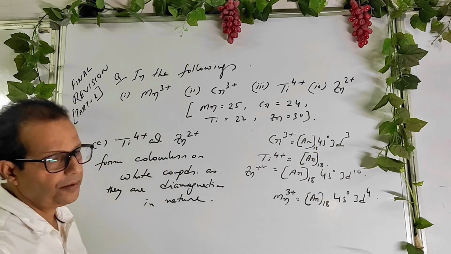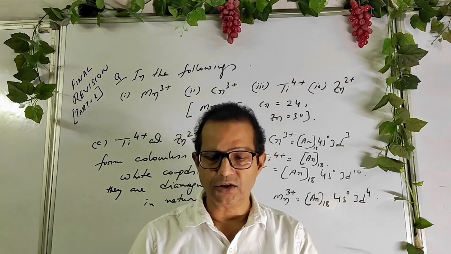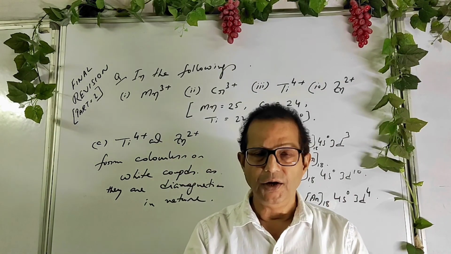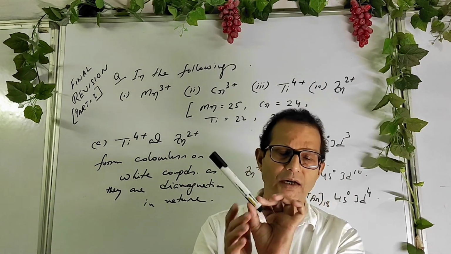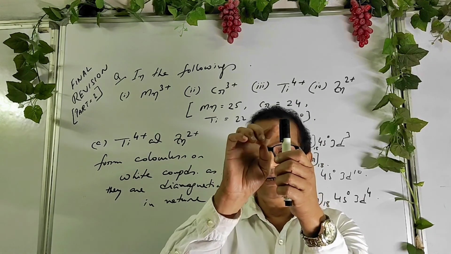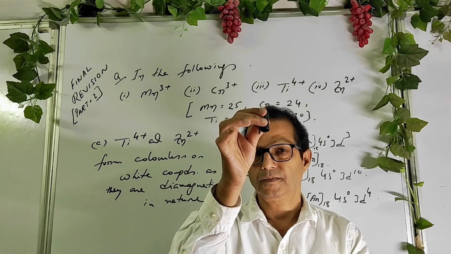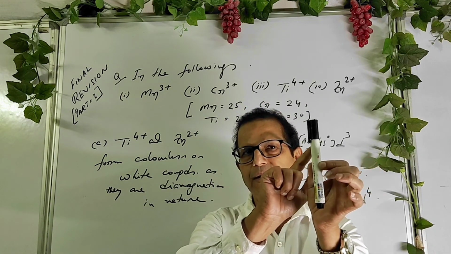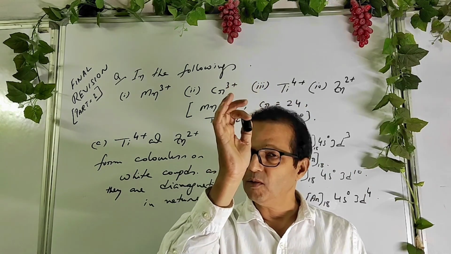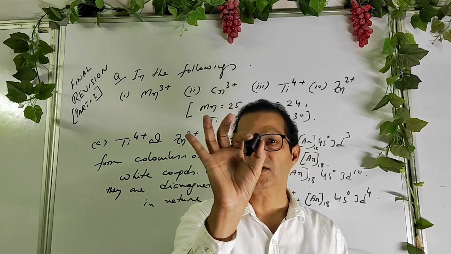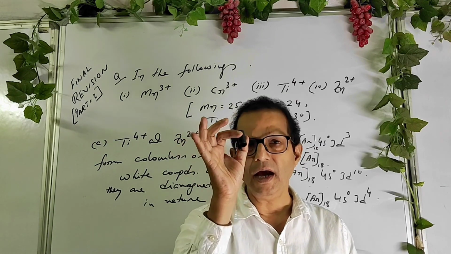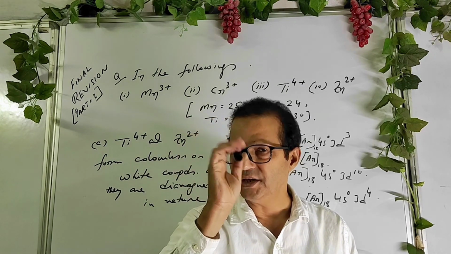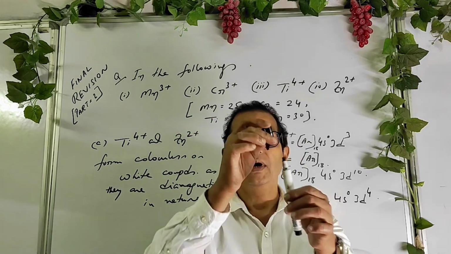Now the fourth question I have given, which is the strongest oxidizing agent. Listen to the technique. You know that if this compound undergoes oxidation, then it releases an electron. Someone has to carry the electron. Here I am taking the electron, so I act as an oxidizing agent because I am helping this compound undergo oxidation.